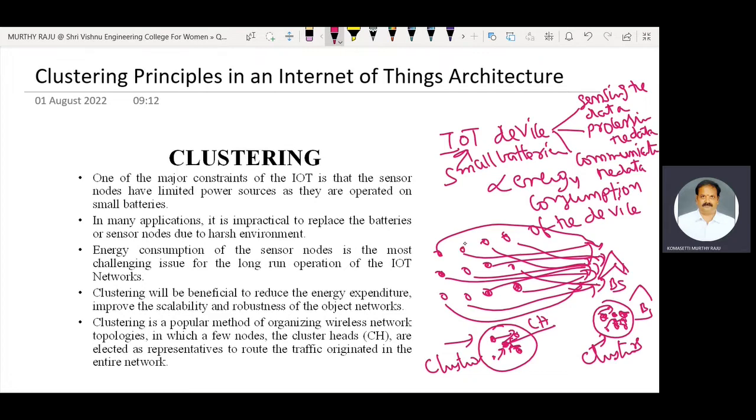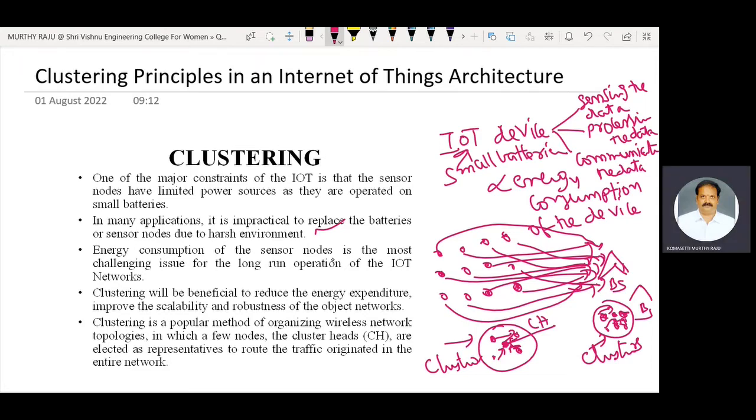In some areas, it is easy to replace the batteries. In some areas, it is very difficult to replace such batteries. That is called a harsh environment.